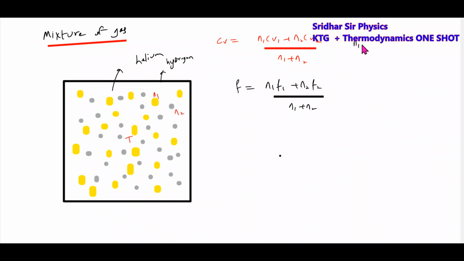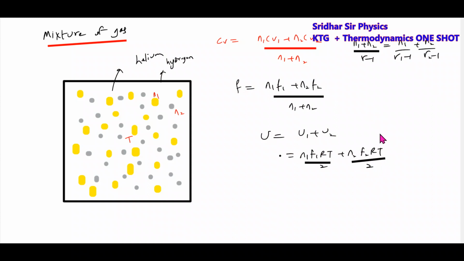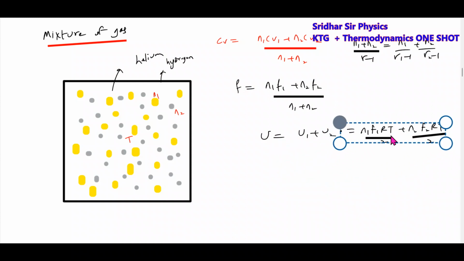Then gamma of a mixture: (n1 + n2)/(n1/(gamma1 minus 1) + n2/(gamma2 minus 1)). Like this, the gamma of a mixture also we can define. Then total energy will be the sum of energy due to individual gases: n1 f1 RT/2 + n2 f2 RT/2. Like this we will define the total energy of the gas.